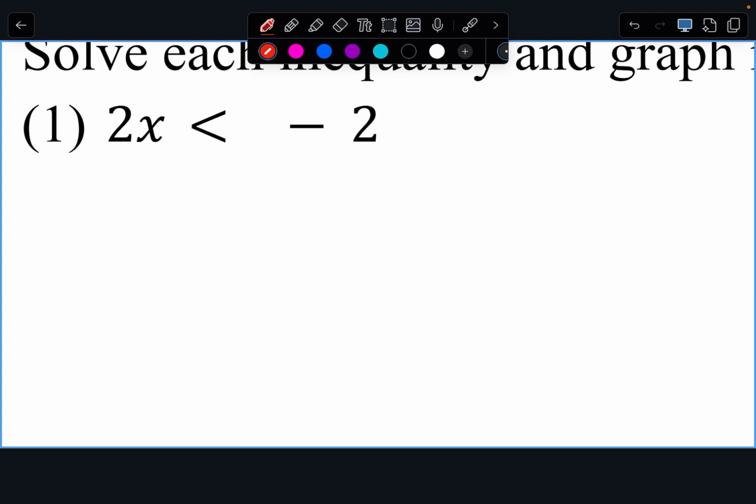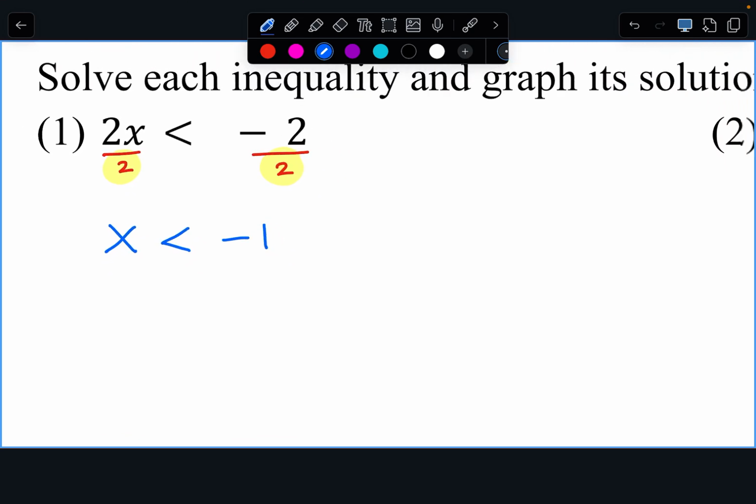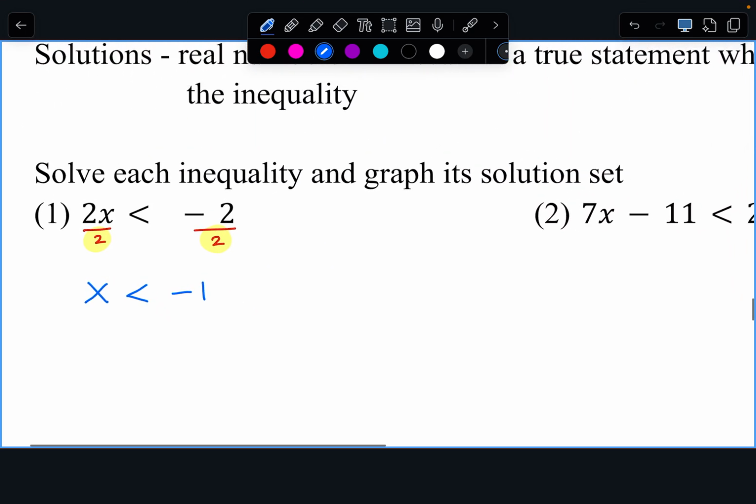Goal is to get x by itself. Divide by 2, divide by 2. It doesn't matter if our answer is a negative; it matters if the stuff that's underneath or multiplied is negative. That's when we flip. In this case, we don't have to flip anything because we did a positive thing to both sides. So we have x is less than -1. This might seem really silly, but think about it like an alligator.